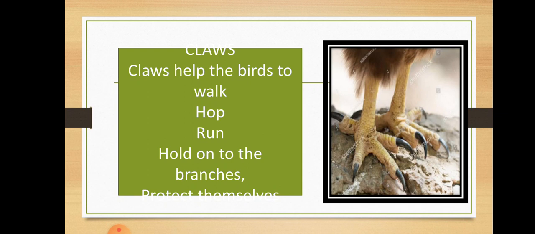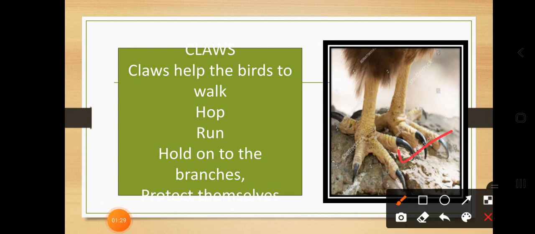In a similar way, the claws of birds are nothing but their legs. So what is the need of claws? Claws help the birds to walk. With the help of their claws, birds can walk, they can hop, which means jump, and in a similar way, they can also run.